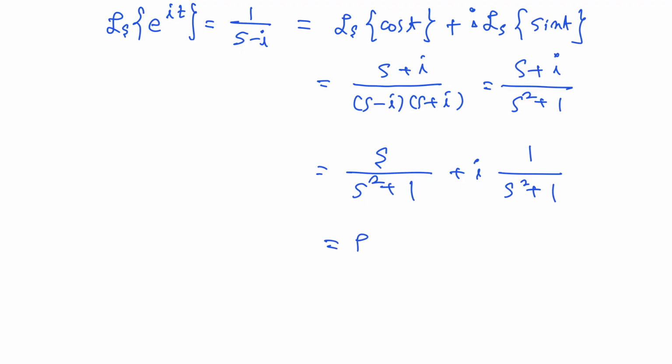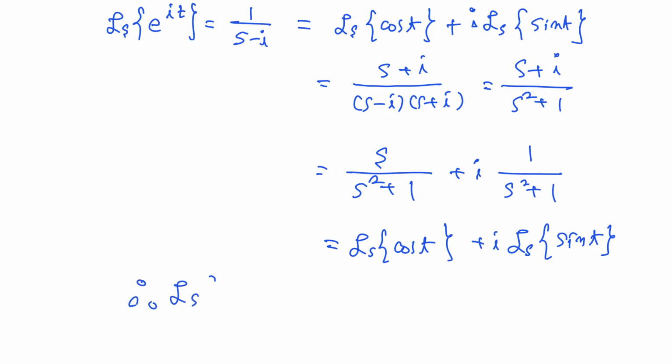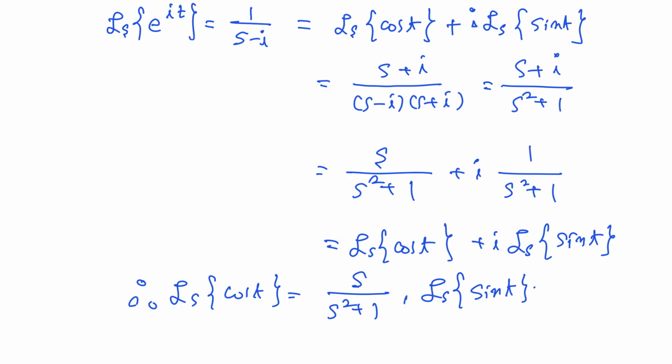The same as the Laplace transformation of cosine t plus i times the Laplace transformation of sine t. So what do we have? Therefore, the Laplace transformation of cosine t is s over s squared plus 1, and the Laplace transformation of sine t is 1 over s squared plus 1.